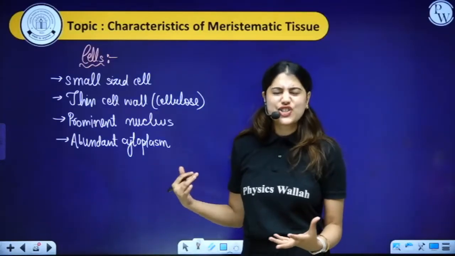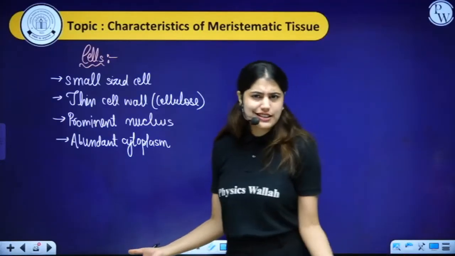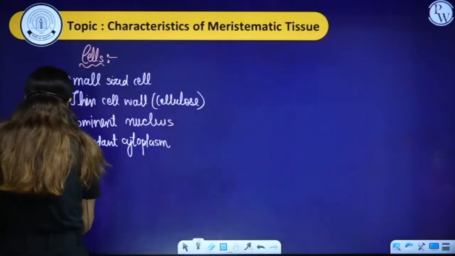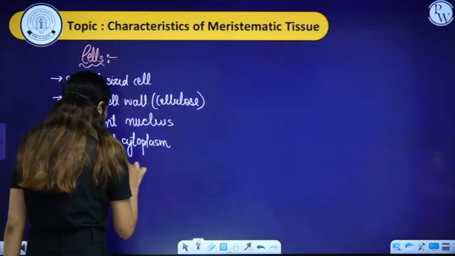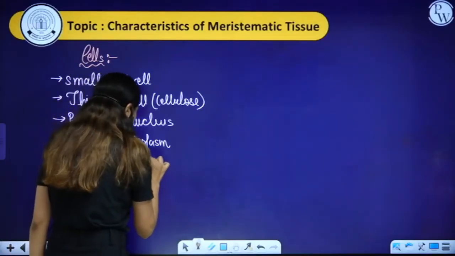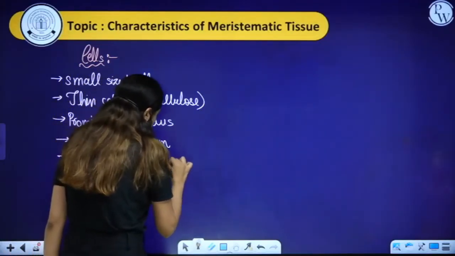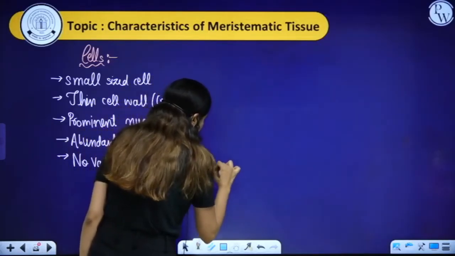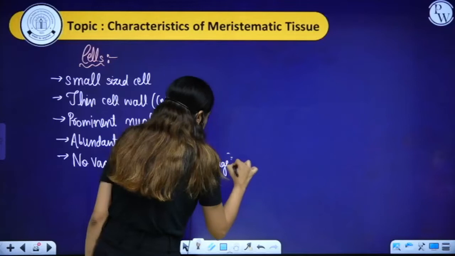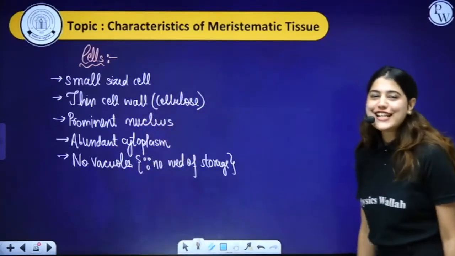Their major function is to divide, not to store, isn't it? So I can say no vacuoles, because no need of storage. The basic function is to divide, not to store. Remember, right? Let's move next.